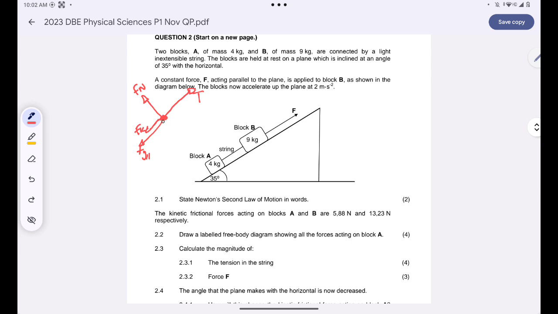Since I'm choosing to show Fg parallel, I must also show Fg perpendicular. Are you together?